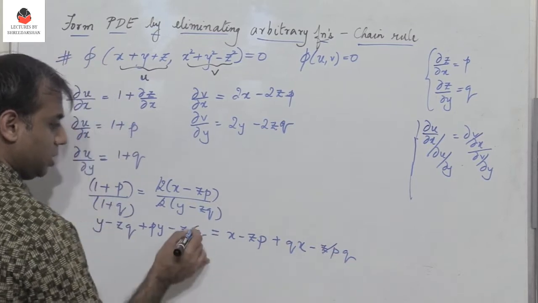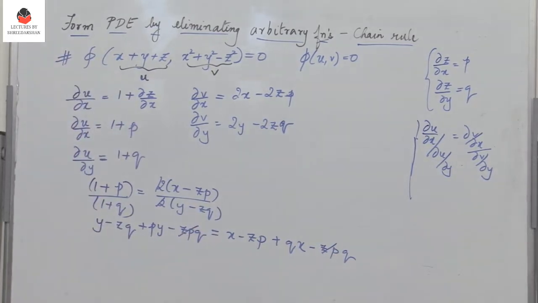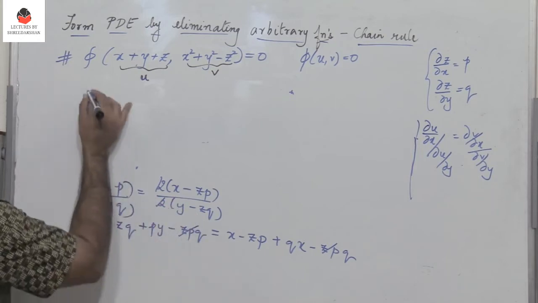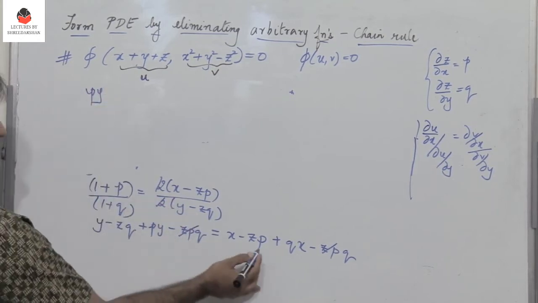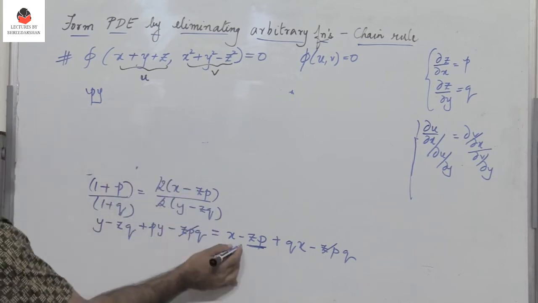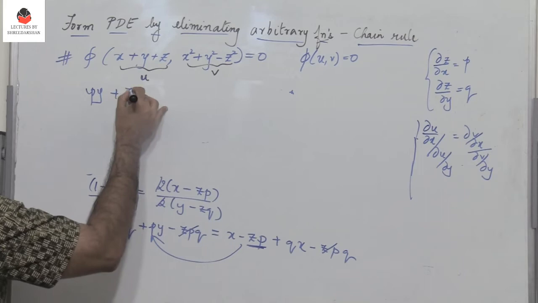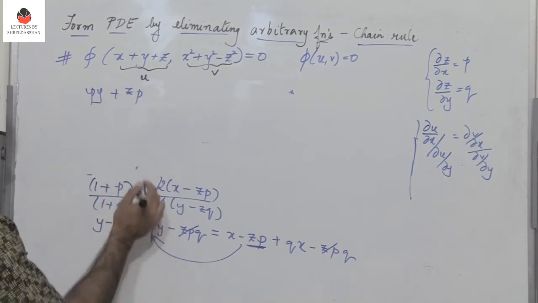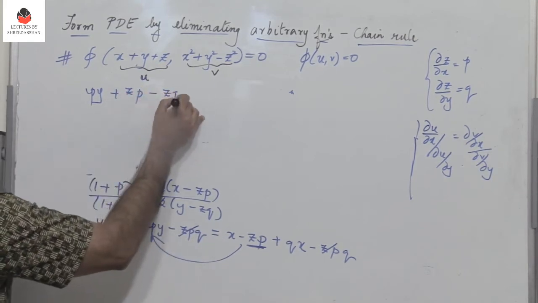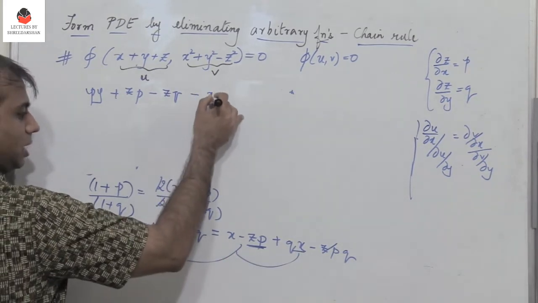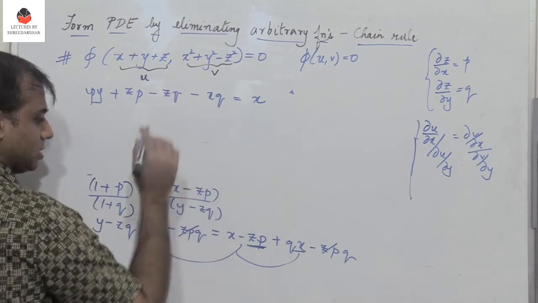So minus zpq gets cancelled. So let's bring all the p and q terms to one side. So we have py and this is p here. So when it comes to LHS, it becomes plus zp, and then you have minus zq, and then when this comes to LHS, it becomes minus xq equals x.